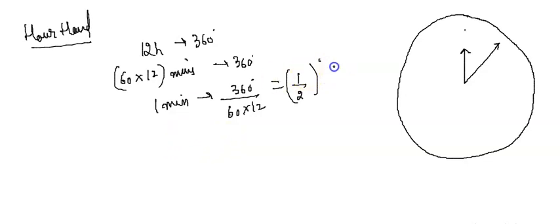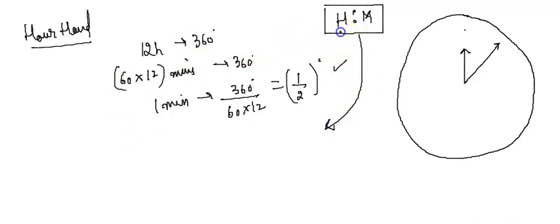Now the hour hand will cover 1 by 2 degree in 1 minute. For a particular time, let us say H hours and M minutes, what will be the angle traced by the hour hand? In H hours, how many minutes are there? 60 minutes per hour. So 60 into 1 by 2 will be 30, so 30H, plus in M minutes, at half a degree per minute, it will be 1 by 2 M degrees.